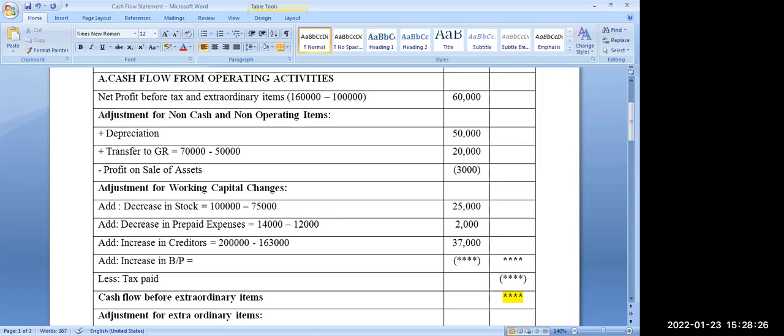Look at the balance sheet. It was 30. Now it is 40. So 40 minus 30 is equal to 10.